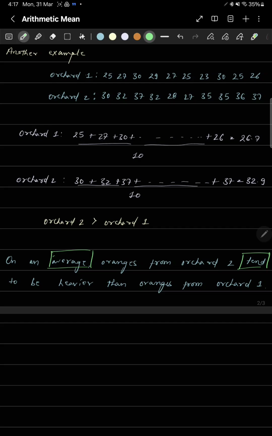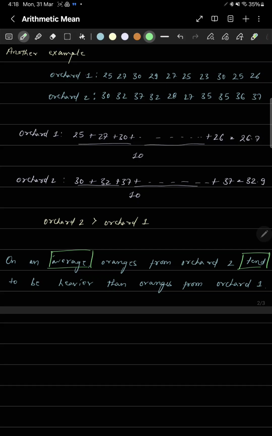Why the word tendency? Because we cannot say that all the oranges from orchard 2 will be heavier than oranges from orchard 1. Based on some sample oranges that we picked, which had different weights, we observed that oranges from orchard 2 have a tendency to be heavier than oranges from orchard 1.